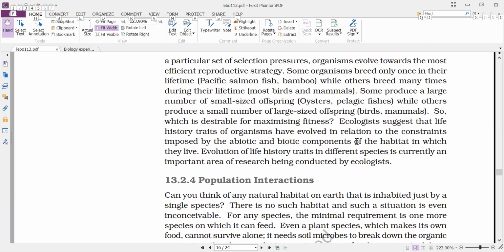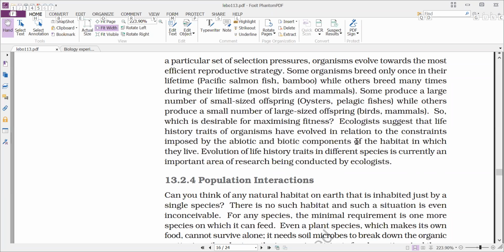The evolution of life history traits in different species is currently an important area of research being conducted by ecologists. The organisms are trying to adapt to the change in environmental conditions.